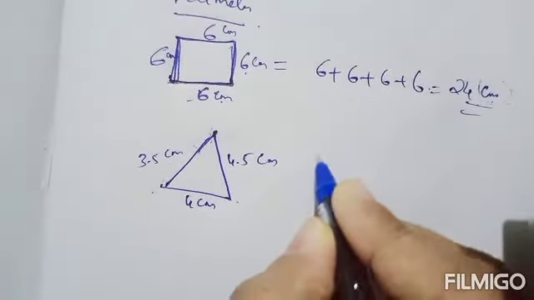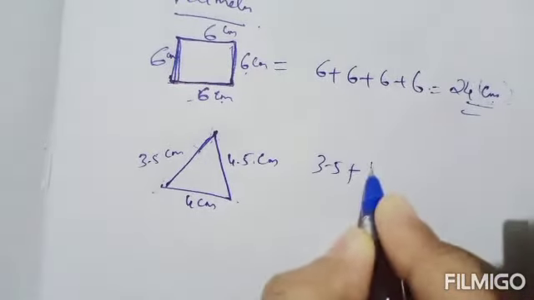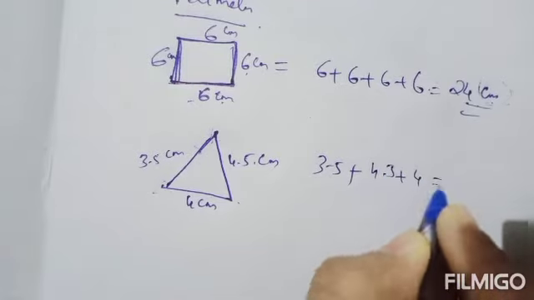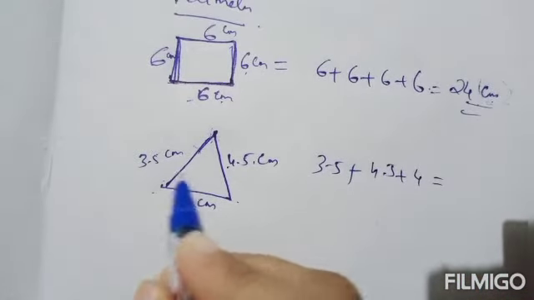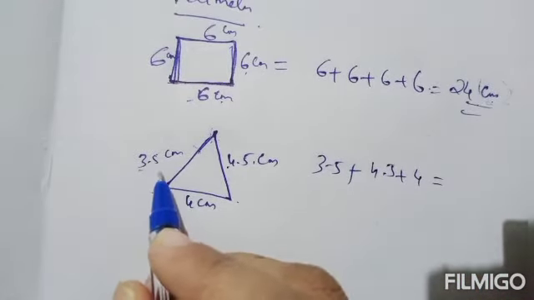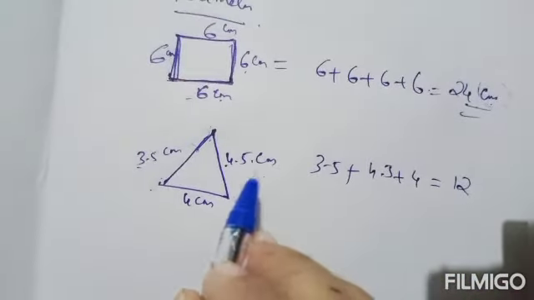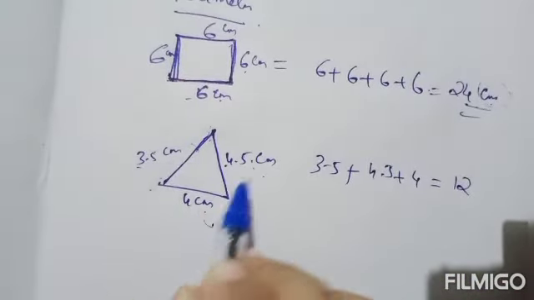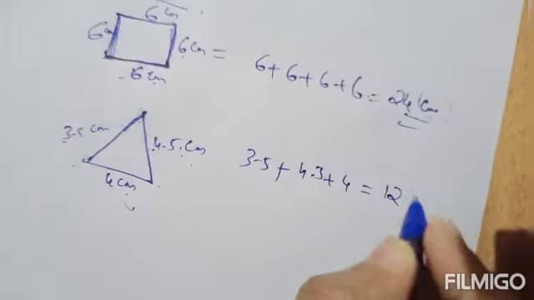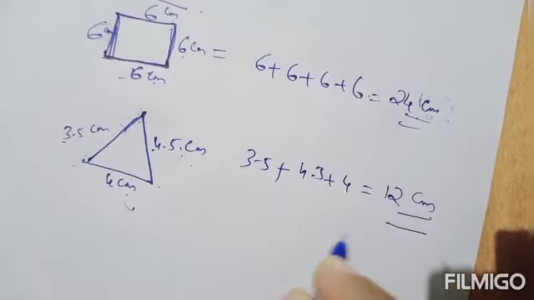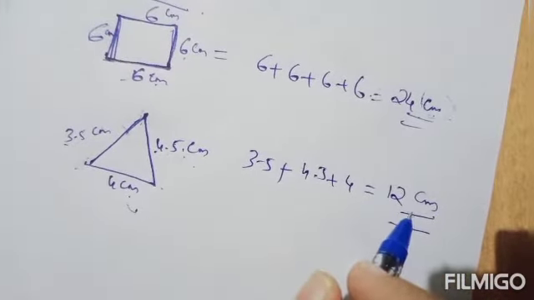So perimeter will be 3.5 plus 4.5 plus 4. Now 3.5 plus 4.5 you will get 8. 8 plus 4 is 12. Here all the sides are given in centimeter, so the unit of perimeter will be centimeter.